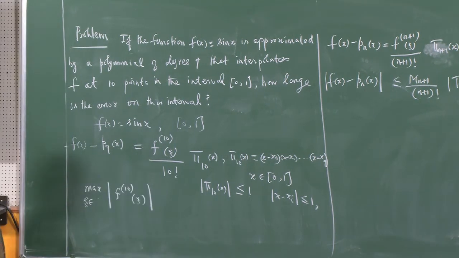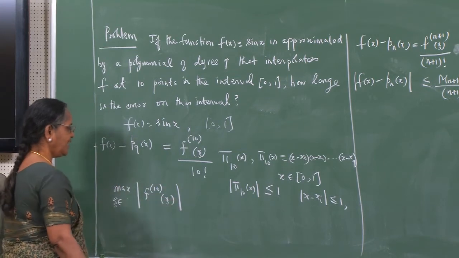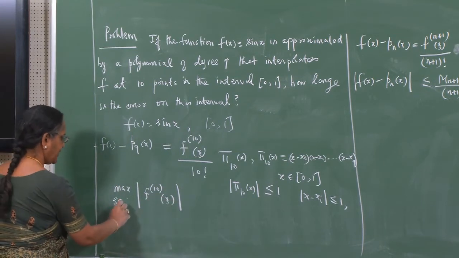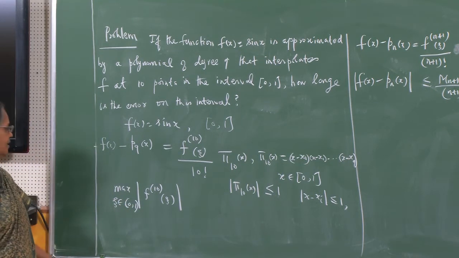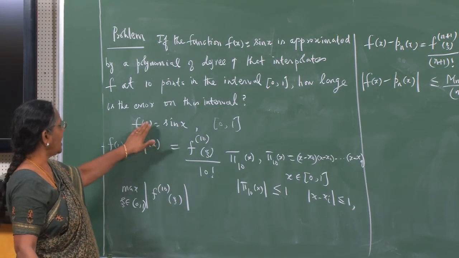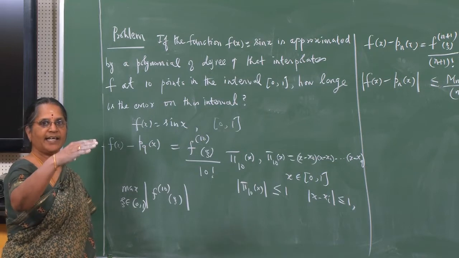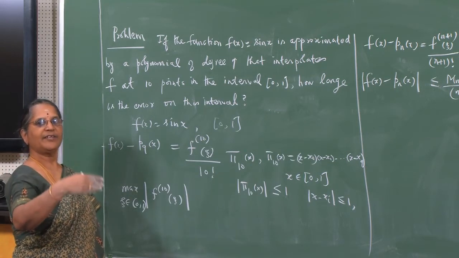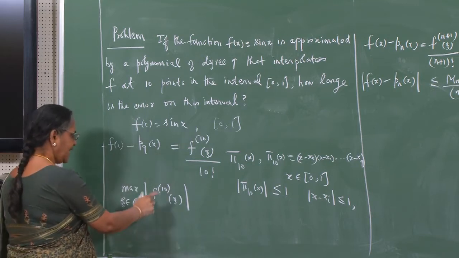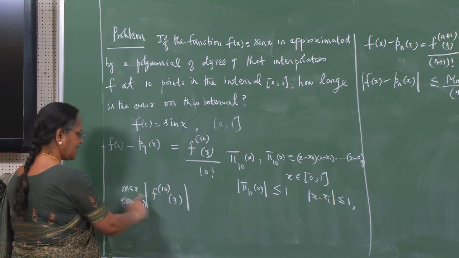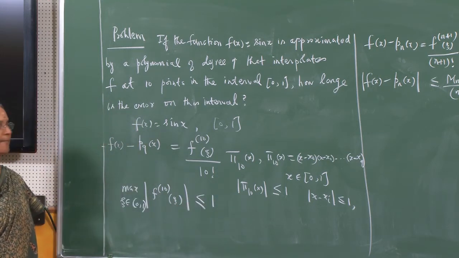I require the maximum of the absolute value of the 10th derivative of f, where psi belongs to the open interval 0 1. What is the function f? F is sin x in the interval 0 to 1. If you take derivatives, the first derivative is cos x, the second derivative is minus sin x and so on. So, the maximum of the absolute value of the 10th derivative will be less than or equal to 1.